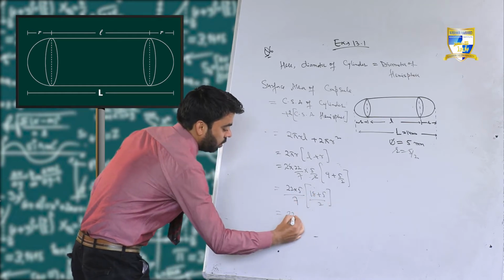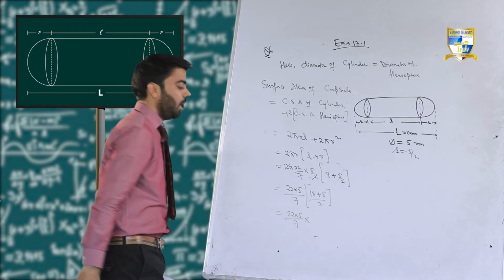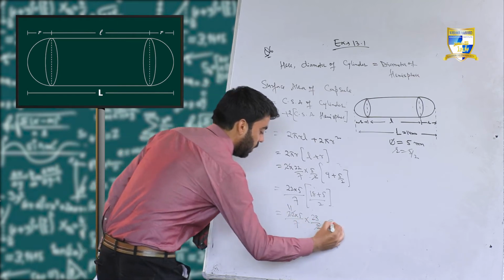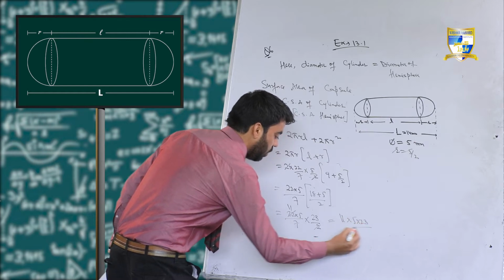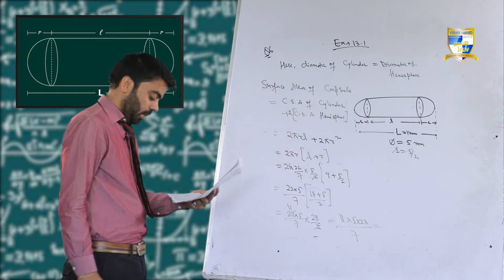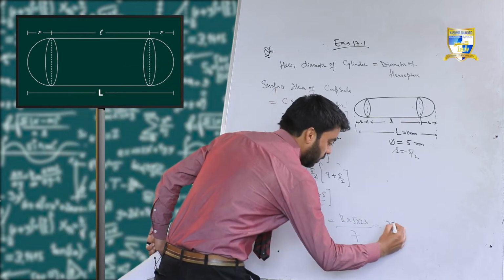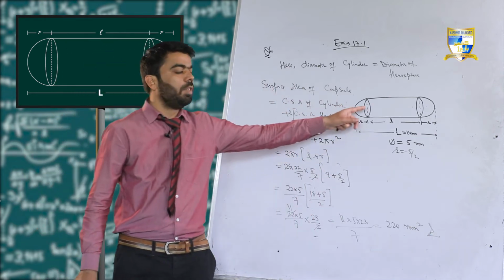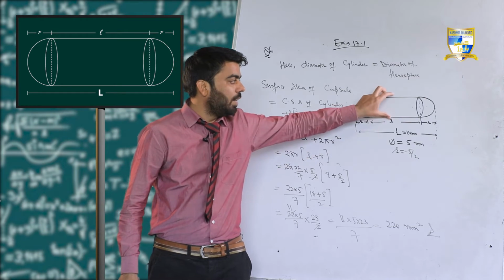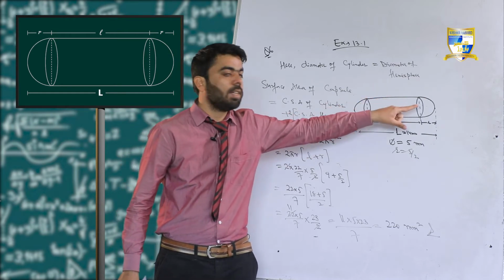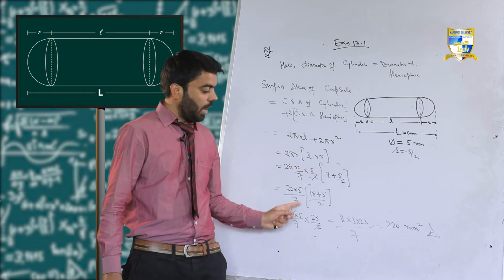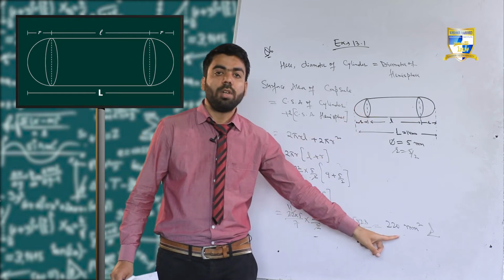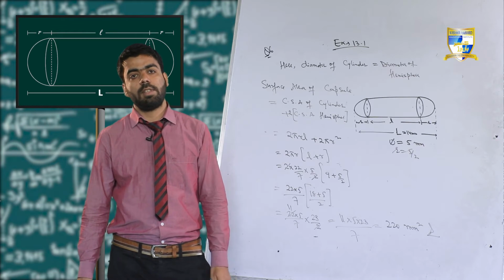So it's 23 by 2, and the 2 cancels, giving 11 into 5 into 23 whole divided by 7. The value is 220 millimeter square. That means the surface area of this entire capsule, which includes the cylindrical part in between and the two hemispheres stuck at its edges, is the answer: this capsule has 220 millimeter square as its surface area.